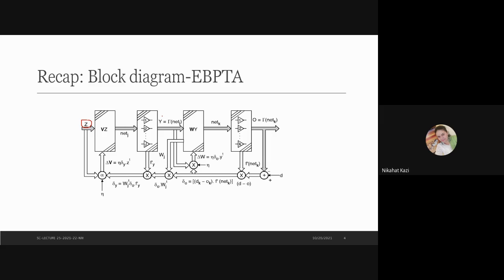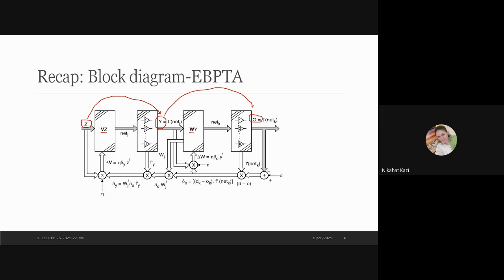Then we had the intermediate layer, that is Y. Y is the output of the hidden layer and O is the output of the output layer. V weights were connecting the input to the hidden layer, and then W weights were connecting the hidden to the output layer.